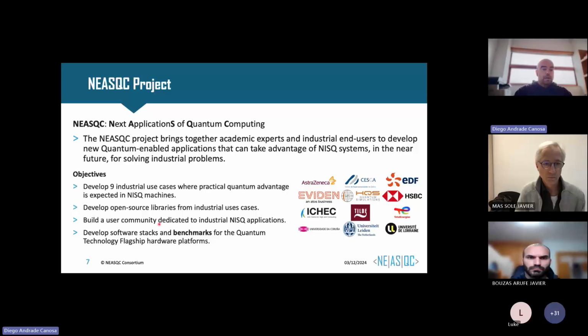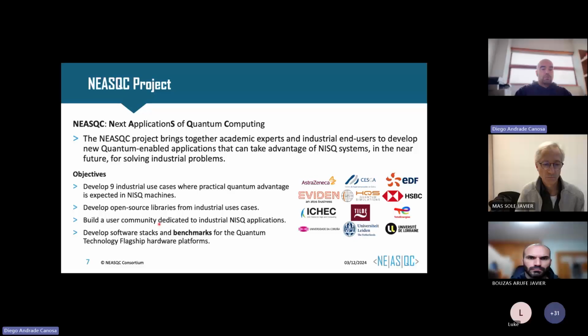The specific objective of this project was to develop 9 industrial use cases where practical quantum advantage could be proved using NEASQC machines of hardware. And also we developed open source libraries for these industrial use cases, and we built a user community dedicated to industrial NEASQC applications.